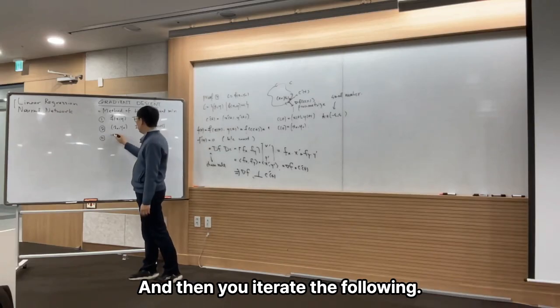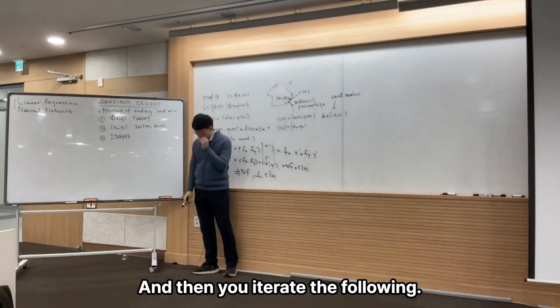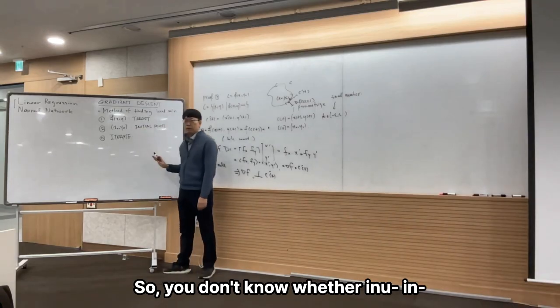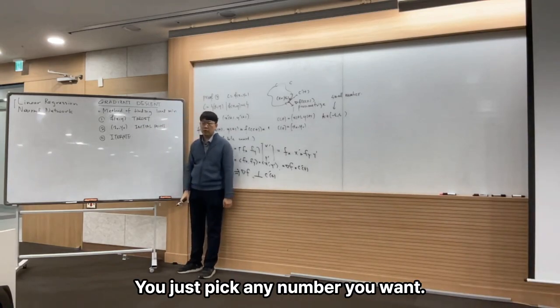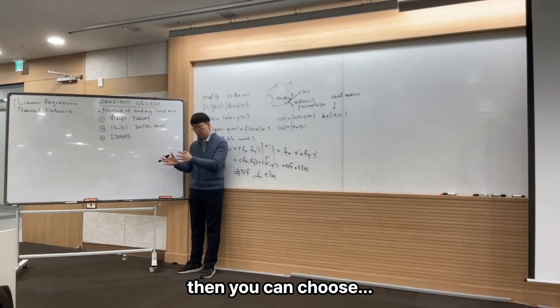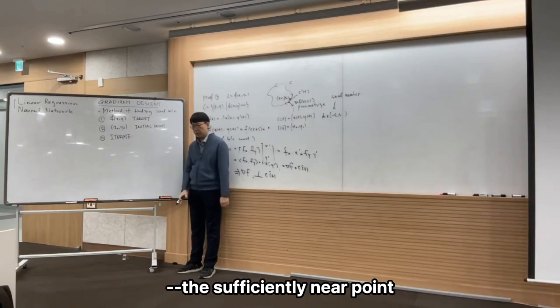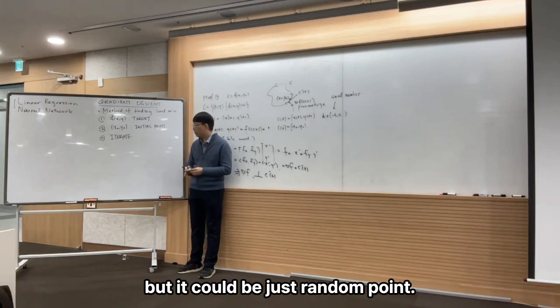And then you iterate the following. The initial point is given as random. You just pick any number you want. Of course, if you have an idea where the minimum could lie, you can choose a sufficiently near point so that the algorithm works efficiently, but it could be just a random point.